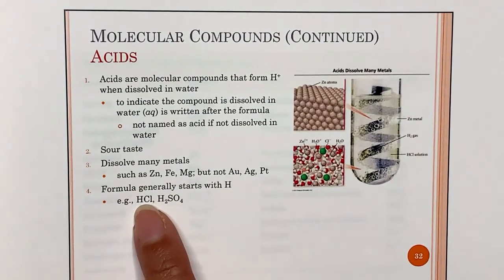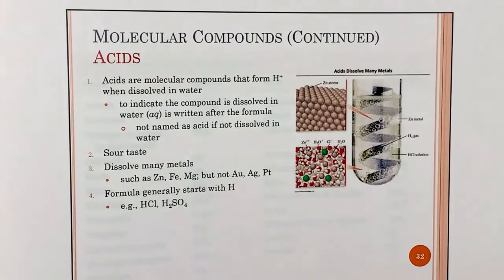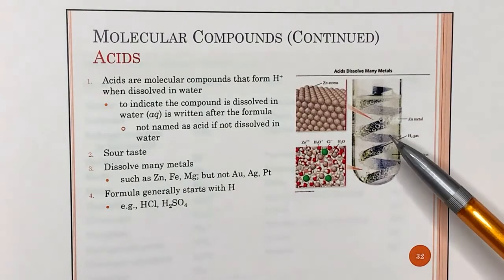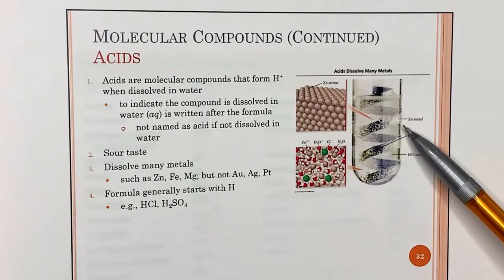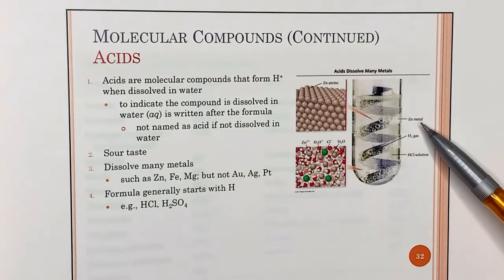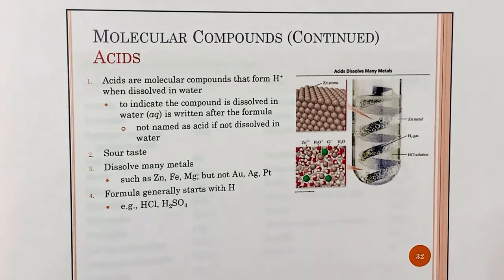And then formula will start with an H, HCl, that's acid, that's H2SO4, that's another acid. So when you do your experiments and you put the piece of metal into your acid and it starts bubbling like this, you'll see that it starts to disappear. So it actually tells you zinc metal will be dissolved by hydrochloric acid. It's kind of cool. You'll see this experiment in lab.